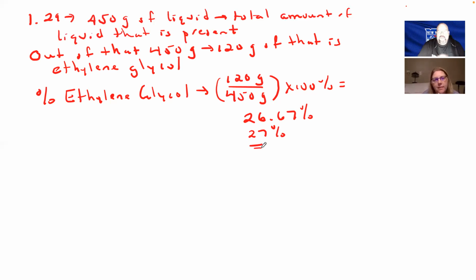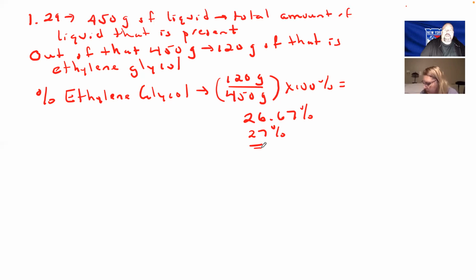Yeah. So what I'm thinking is that it's based on the wording in the question, in the sense that they say 120 grams of ethylene glycol in 450 grams of liquid. So to me, when I see in 450 grams, that means that the total liquid there is 450 grams.